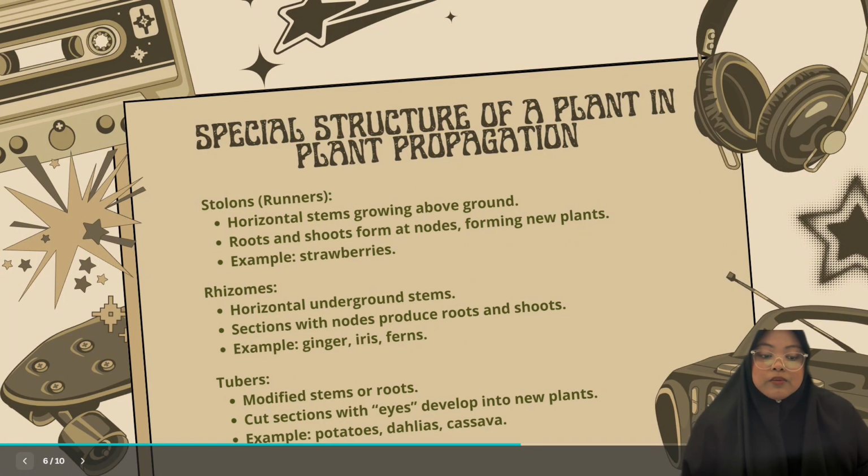Next is rhizomes. A rhizome is a horizontal underground stem with sections with nodes that produce roots and shoots, for example ginger, iris, and ferns. Next is tubers. Tubers are modified stems or roots, and they have a cut section with eyes that develop into new plants. For example, potatoes, dahlia, and cassava.